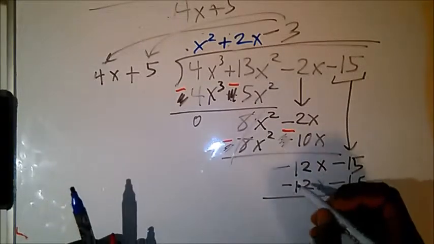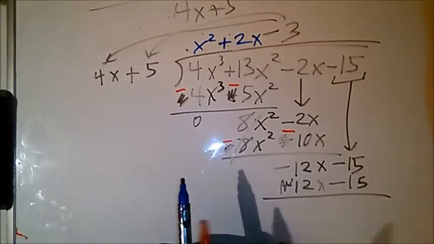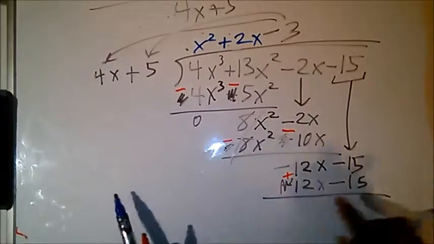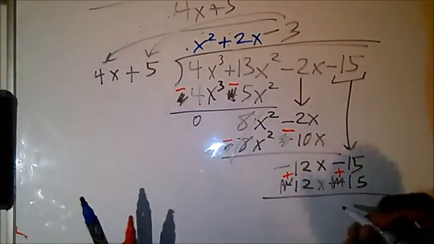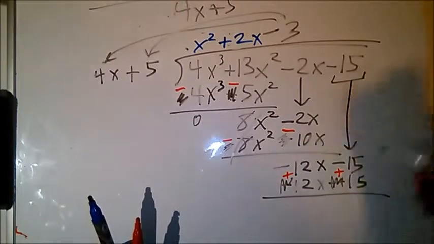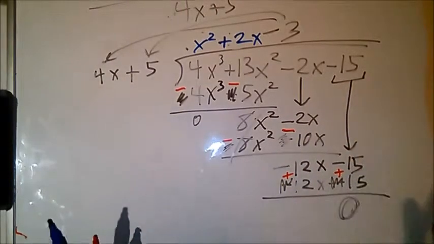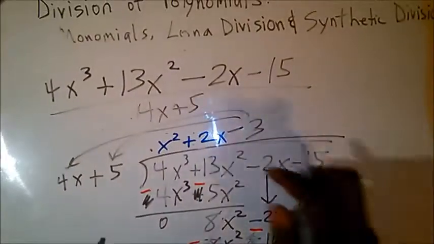Now we're going to subtract. This is negative. Cross it out. It's going to become positive. That's negative. Cross the negative sign out. Change the sign. It's going to become positive. That cancels out. That cancels out. Our remainder is going to be 0. So we expressed our term.